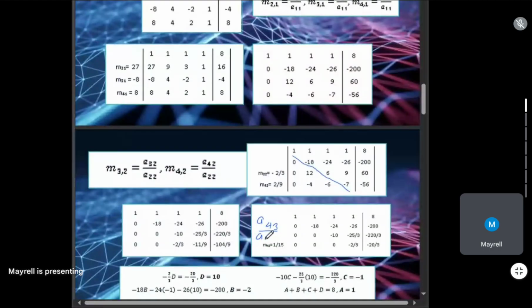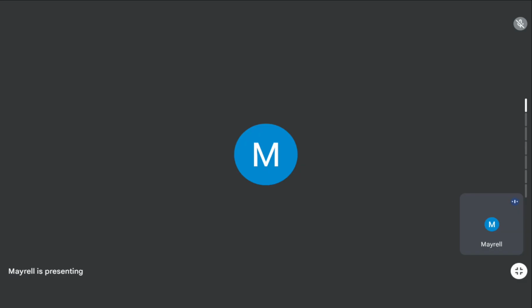Okay. A33 na siya. So, kani, A from the previous nga, or last na to nga matrix. So, A43 is negative 2/3 over A33 is negative 10. So, you have your M43, 1 over 15.